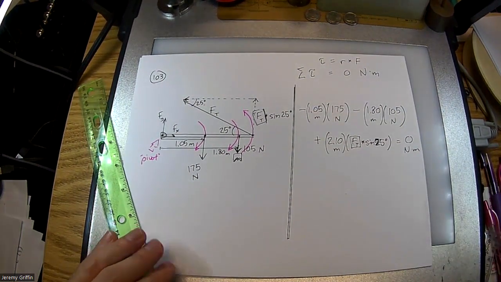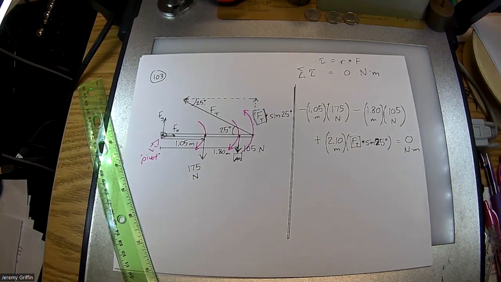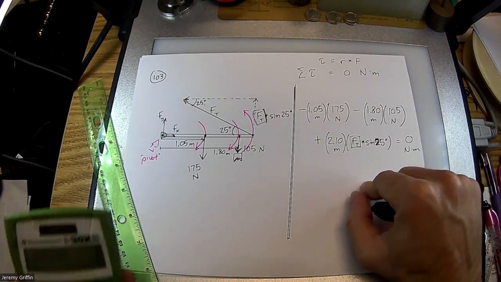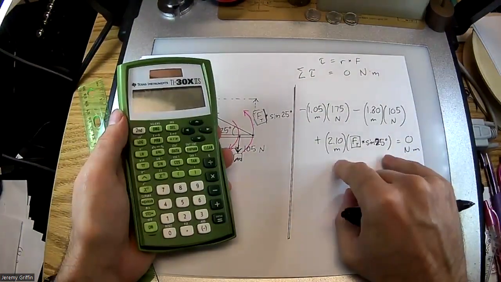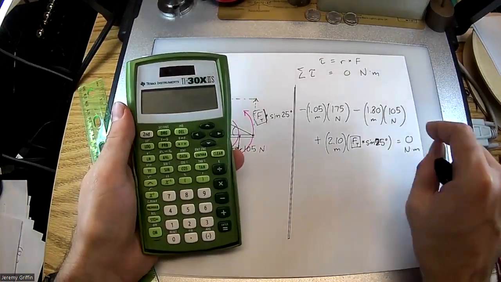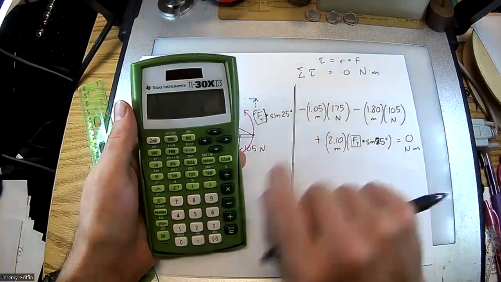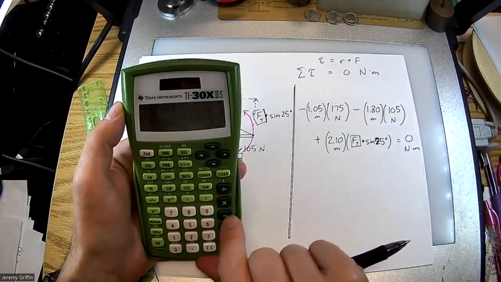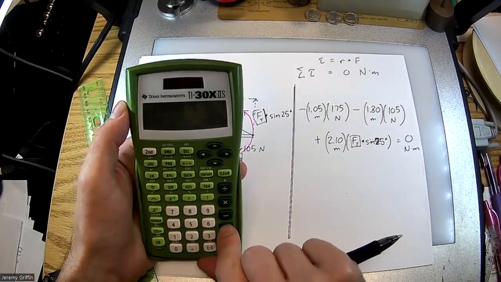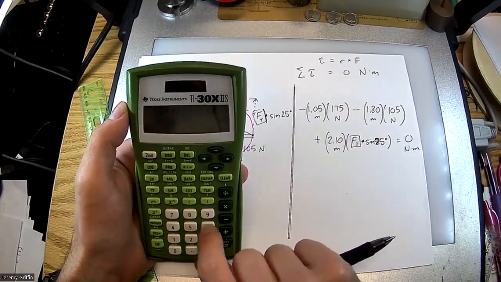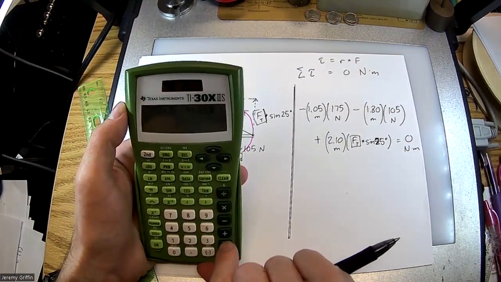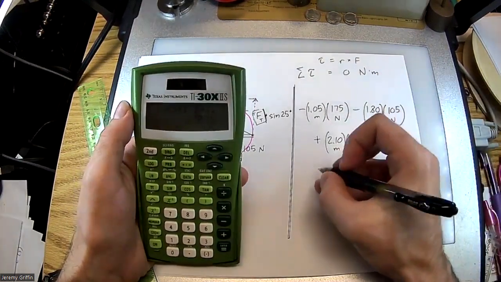Once you get that set up, you're pretty much good to go because you just fall back to algebra. We've done probably hundreds of algebra problems at this point in this class. So I'm going to add all this stuff: 1.05 times 175 plus 1.8 times 105. Here, I'll say this is the middle step.